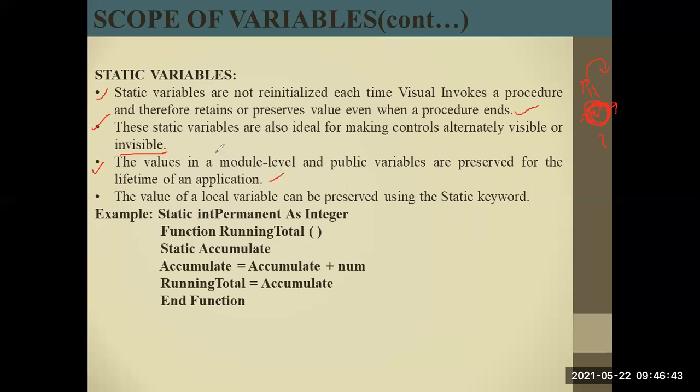Visibility is where we can access the variable, either publicly or privately. So if the variables are declared at module level or as public variables, their values are preserved for the lifetime of the application.